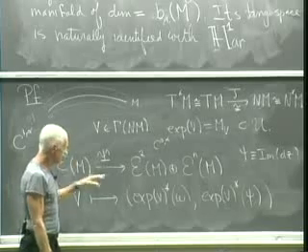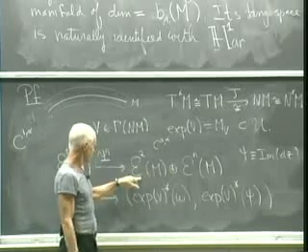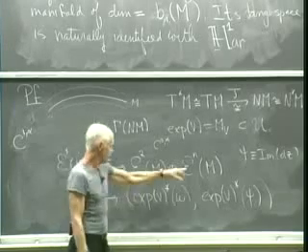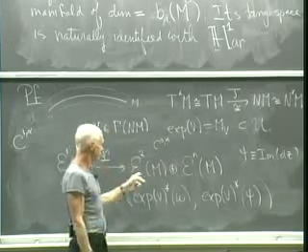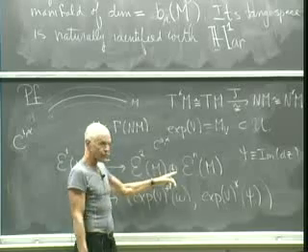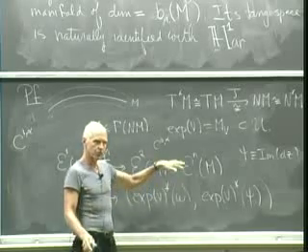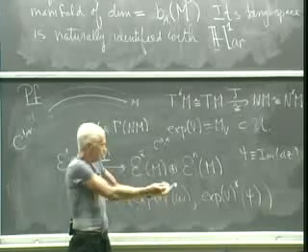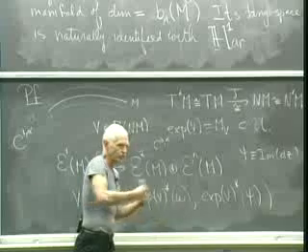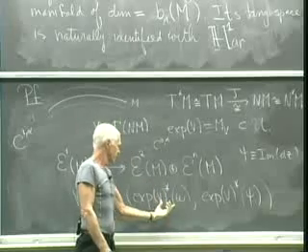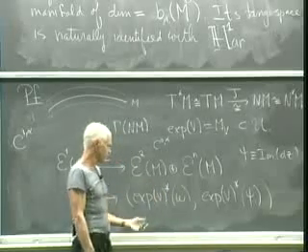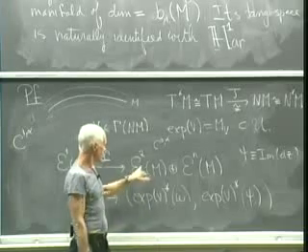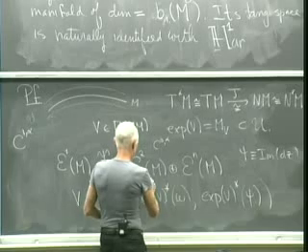The only problem is that you're not going to get all forms because the image is going to be closed here, for example. And in fact, they're both closed. What you can show is that the image is always into exact forms. That's sort of easy because the exponential map is homotopic to the identity, and the identity pulls these guys back to be 0, the inclusion. And the inclusion pulls these things back to be 0 because it is itself special Lagrangian. So this maps into the exact forms.